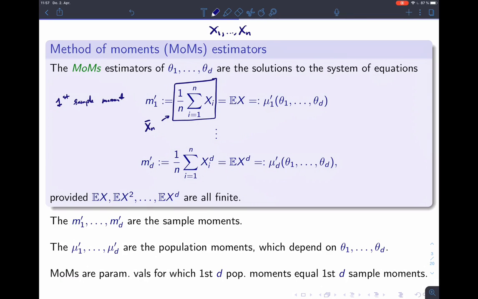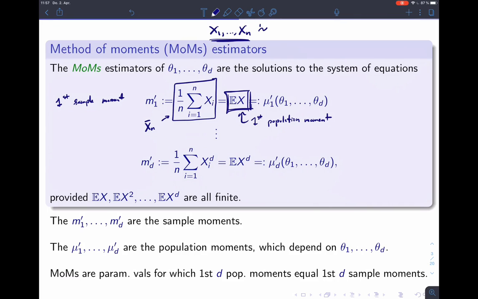And so if I think of a random variable x having the distribution from which the random sample is drawn, the expected value of x is known as the first moment, but we're going to call it the first population moment now that we're talking about population and sample.